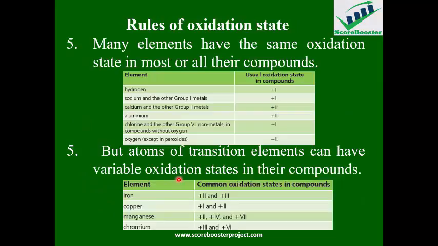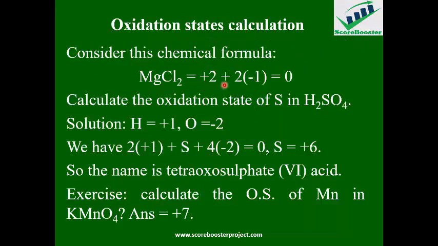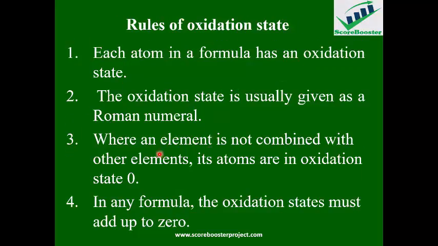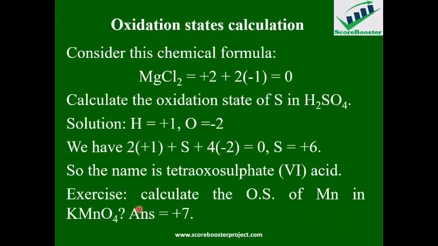From this table, magnesium, a group 2 element, has +2, and chlorine has -1, in most cases. So +2 for magnesium, -1 for chlorine, but we have 2 chloride atoms here. If you add this together, you get 0. So that has proved rule number 4 to be correct.